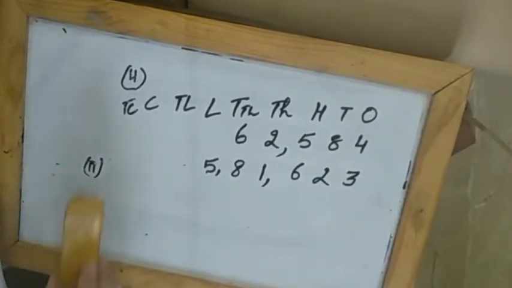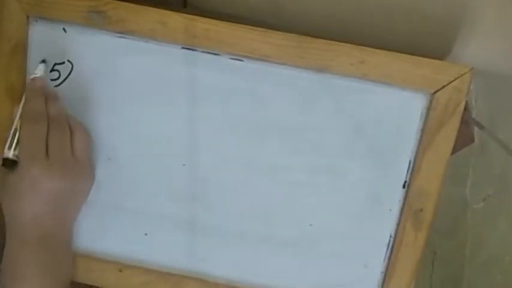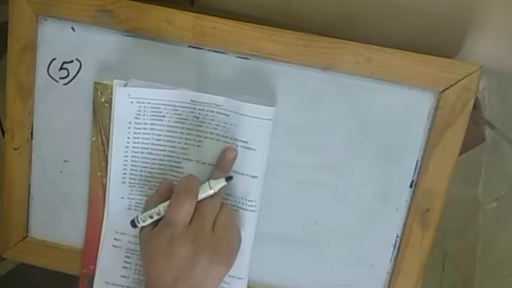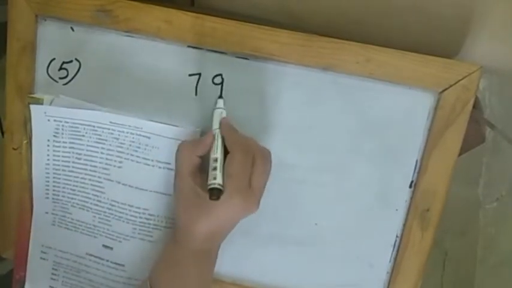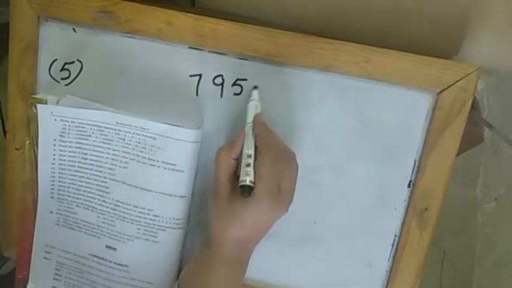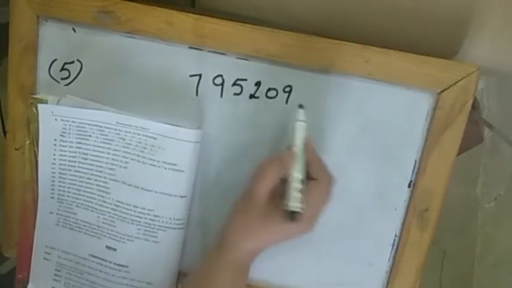Now come to the fifth question. The fifth question says find the difference. Now what do you mean by difference? Difference means to subtract. They are saying find the difference between the place values of the two nines in this number. The number given is 795209886.